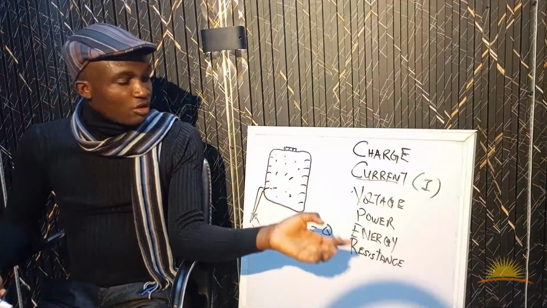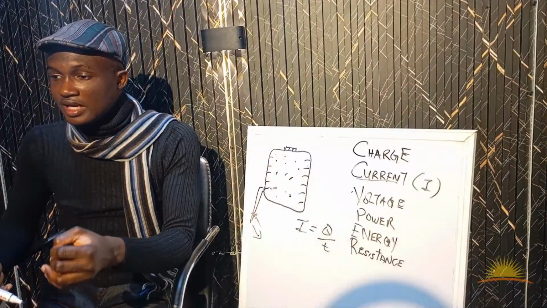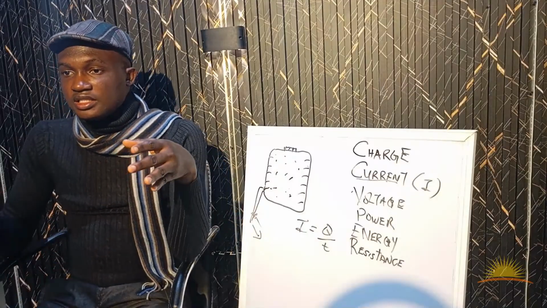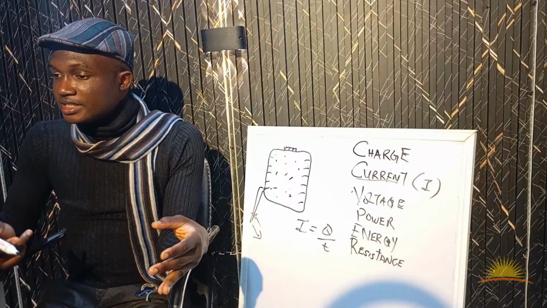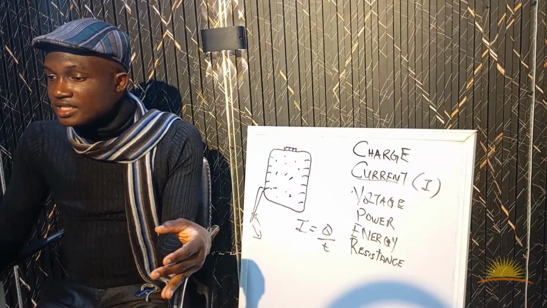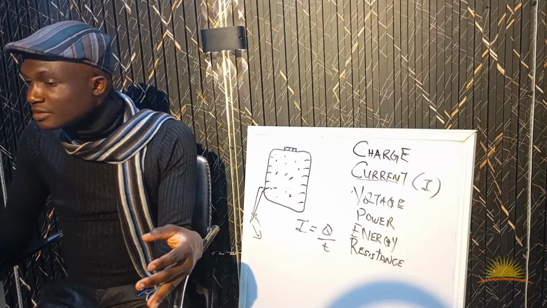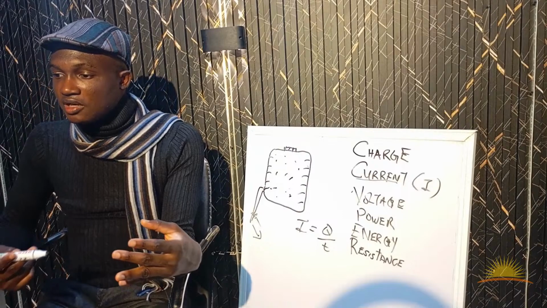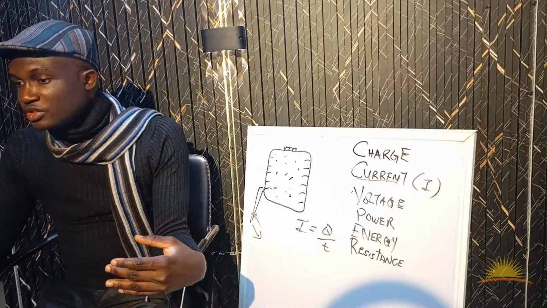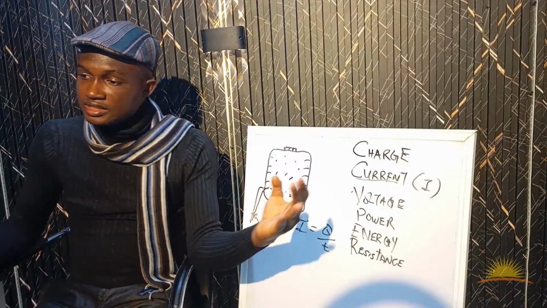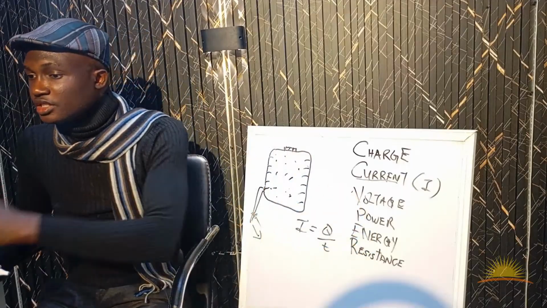Of course, current depends on the load. Let's say you plug a phone into a battery, you will get less current than if you were to plug a washing machine into the battery. It's a matter of demand and supply. The load needs some amount of current, and then the battery supplies that current to it.